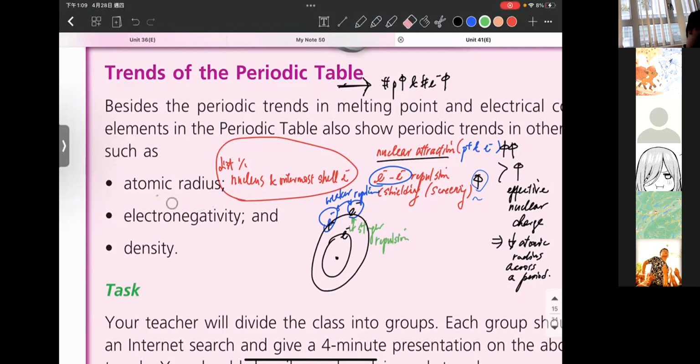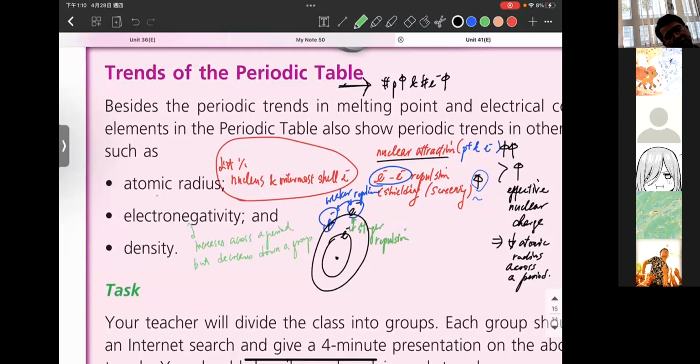All of you, please mark it down. Increase across a period, but decrease down a group.